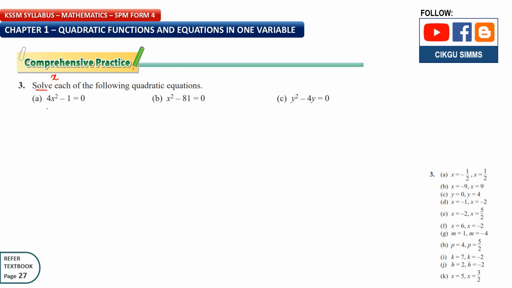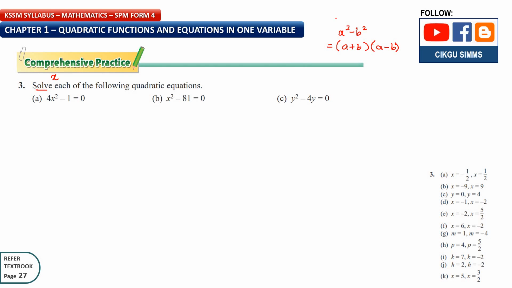So you can make it a square because we have one formula like this. a squared minus b squared, you can factorize it, and it will become (a plus b)(a minus b). Okay, so this is a formula that you need to remember.